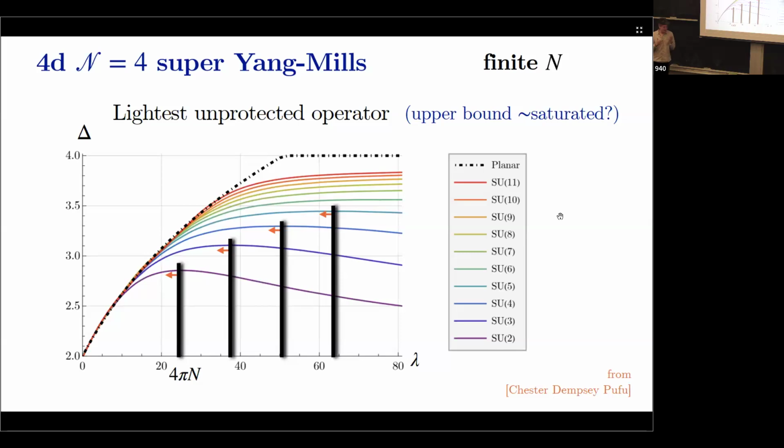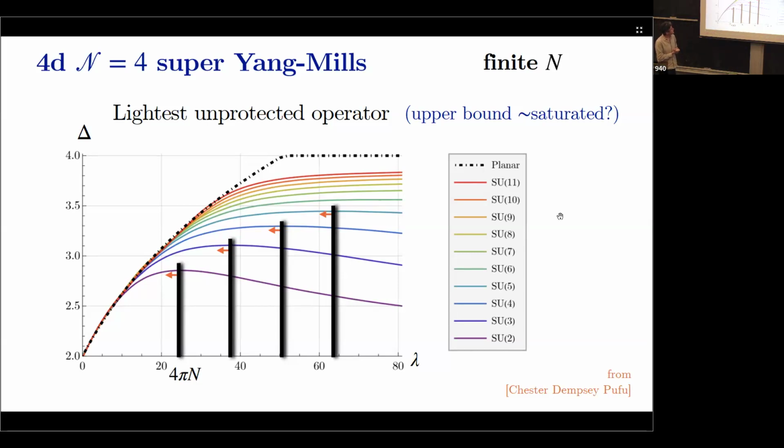Now you convince yourself there maybe really is something you can prove here, because if you look at finite N, that was all infinite N, but let's go to finite N. The only data I really know of is from these authors, and these are bootstrap upper bounds, but they claim that the upper bounds are basically saturated by the N=4 theory, because they use data from localization, integrated correlators.